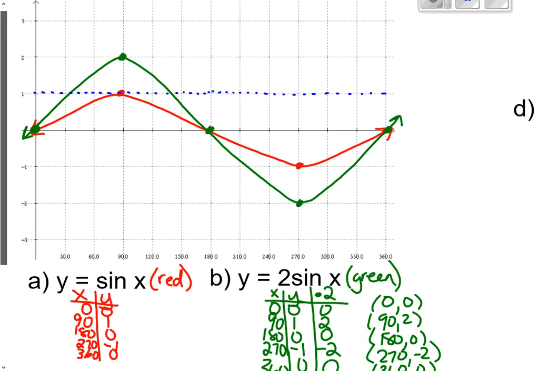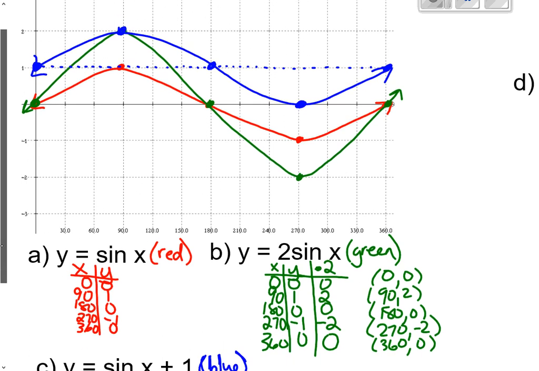So let's take a look. And as you can see, if you compare it to the red graph, it is the sine graph and it has been moved up 1. So that's looking really good. Okay, one more.